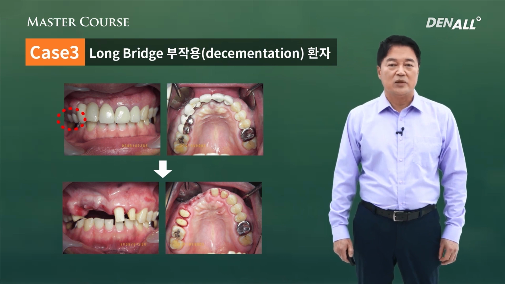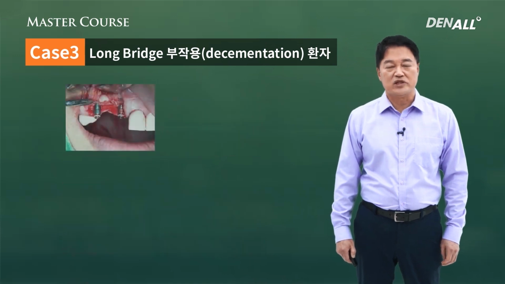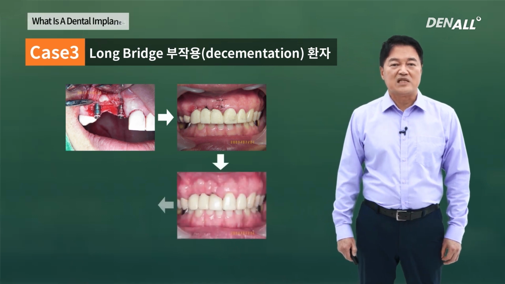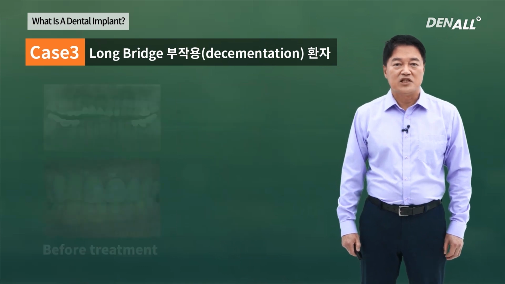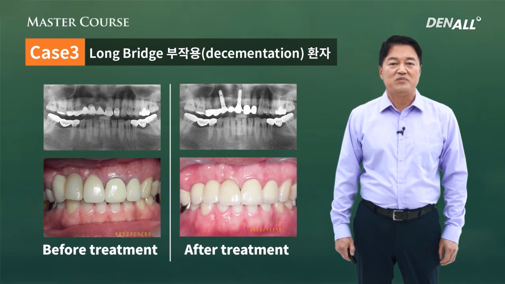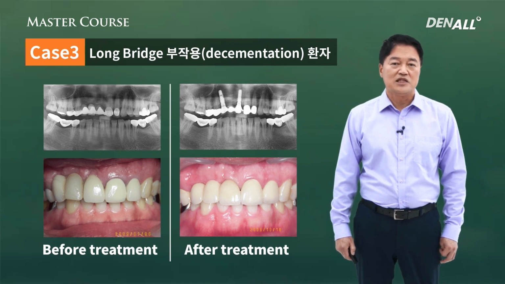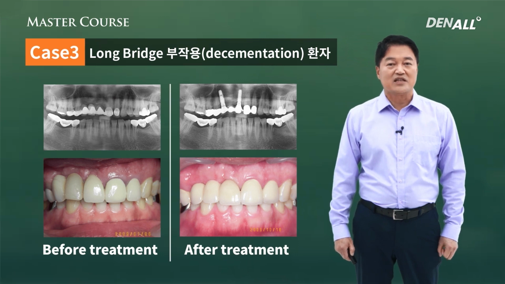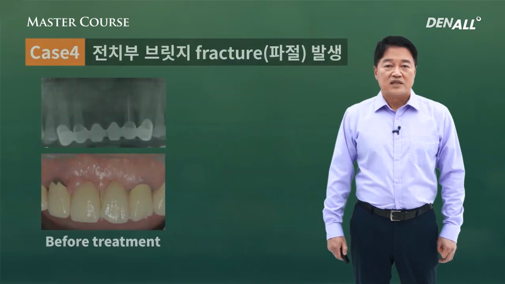So in the front and the back, the surveyed crown was changed with crowns, and in the center, the missing area, 2 implants were placed, and 2 months later, prosthesis was delivered. This is before treatment, and the implant was used for retreatment and prosthesis was delivered. If the patient had received implant from the beginning, the surveyed crown area on right and left, they would have remained as natural teeth for a long period.